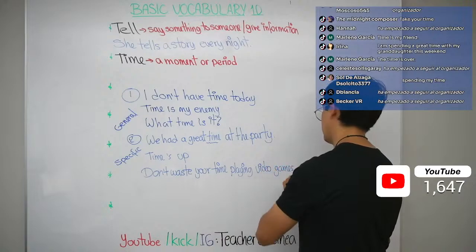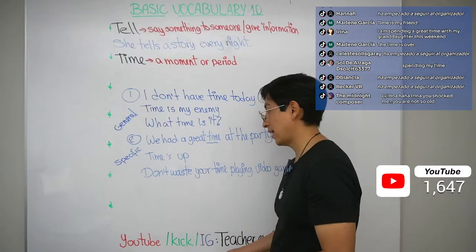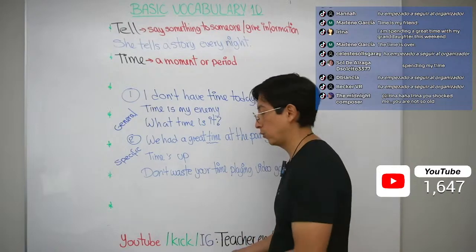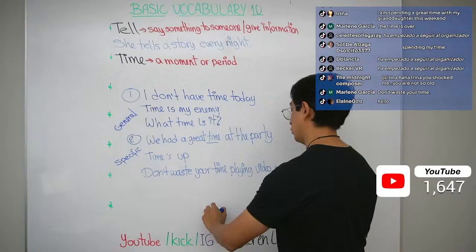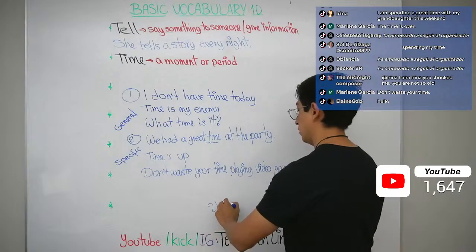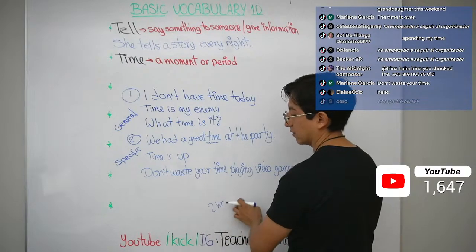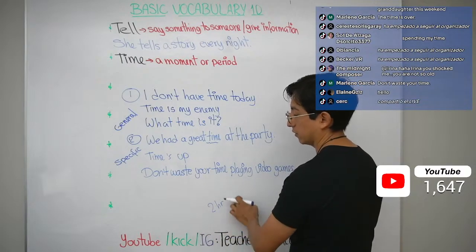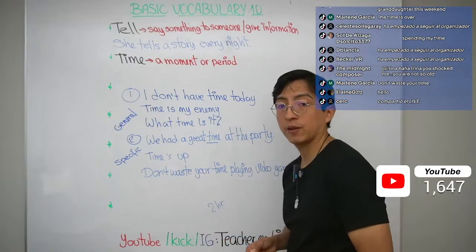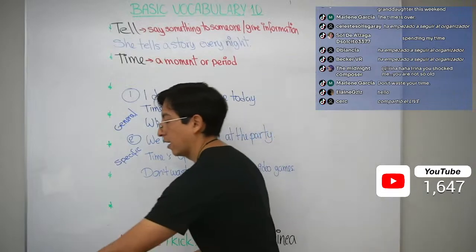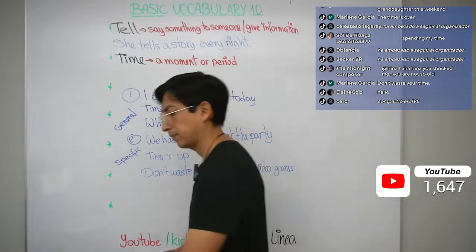She used to say this a lot. Don't waste your time. It means that, I don't know, if you spend 2 hours playing video games, she said please don't waste these 2 hours. We're talking about something that is specific. Now, let's continue with one more way to use time.